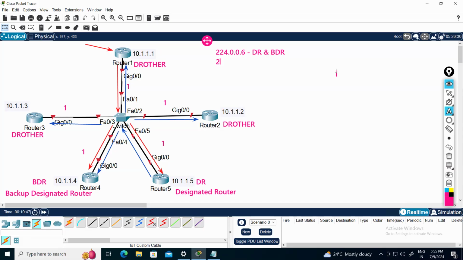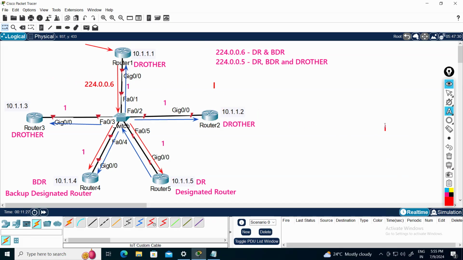There is another group, 224.0.0.5. Who is the member of this group? Your DR, BDR, and DR others. Now this DR other will share the information on this address, so it will use 224.0.0.6 as the destination.